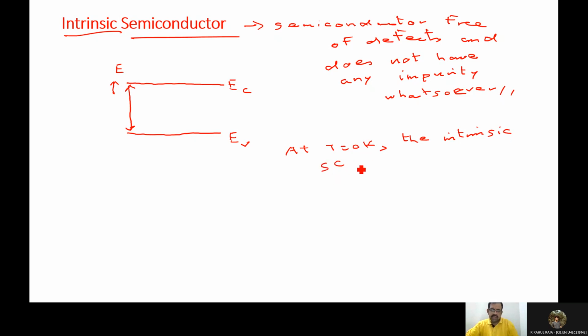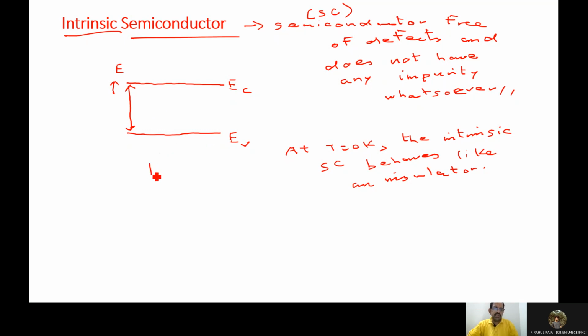I will write it as SC, which stands for semiconductor. So let me abbreviate it. The acronym is SC. An intrinsic semiconductor behaves like an insulator. The reason is very clear, because all the states remain in their ground state, which is the valence band.